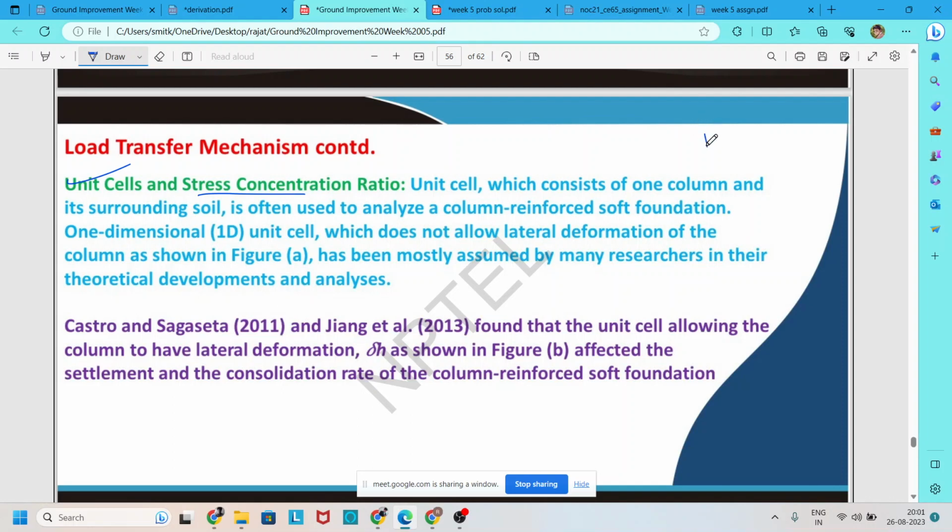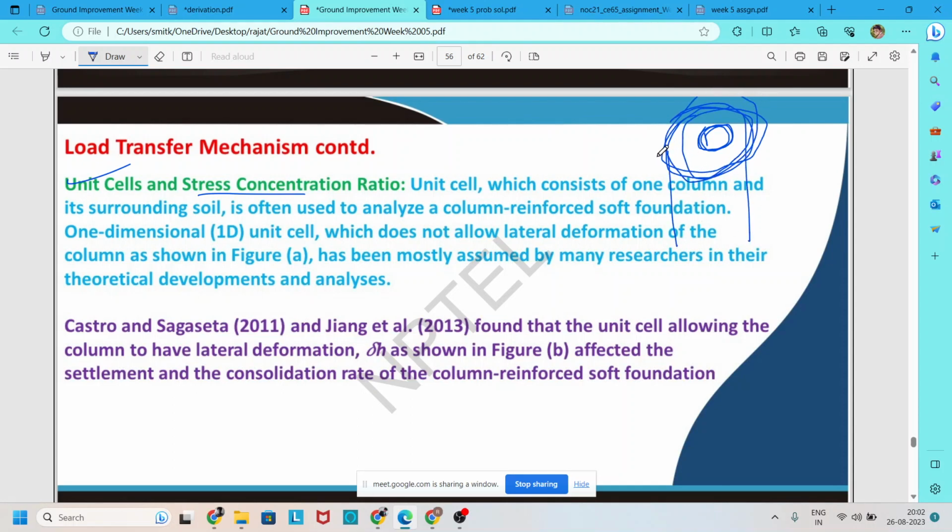column. So if we apply one good geotechnical material in between and some compacted soil in the surrounding, one composite column is created.